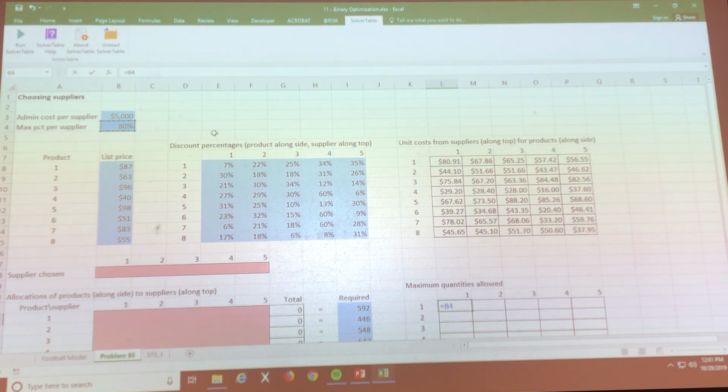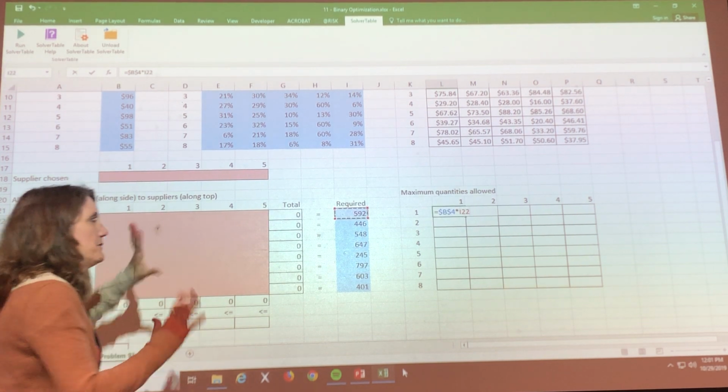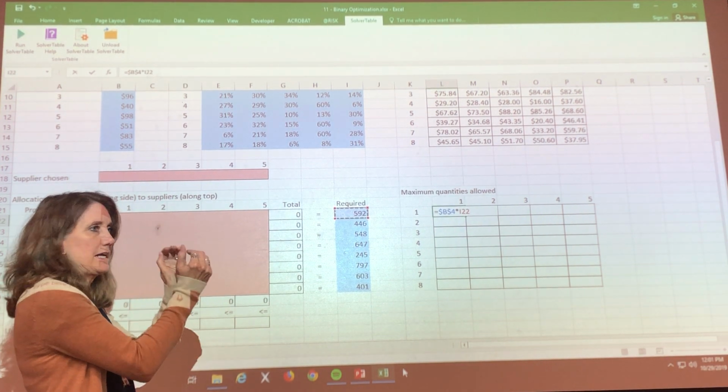I'm gonna be copying this, and that cell shouldn't move, so that needs to be an absolute reference to it. That B4 multiplied by I22. Now, the B4 absolutely is not moving. I mean, it's staying on B4.